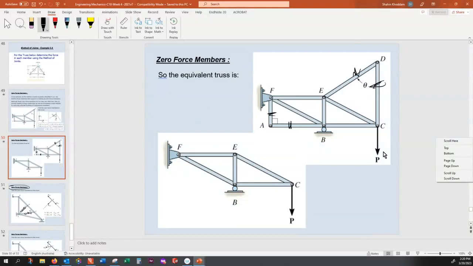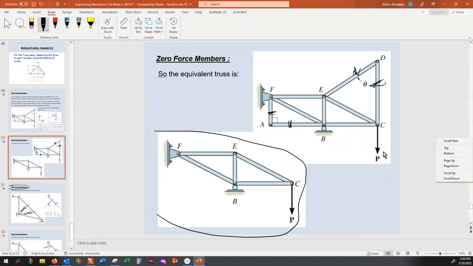So 4 members can be removed, and you only have to solve this structure. So that is called zero force member, or ZFM. So zero force members, remind me tomorrow to explain that to the class. So for now, all you need to know is some structures, they have members which are redundant. You can get rid of them. And by removing, it makes the solution simpler, but it's a valid solution.